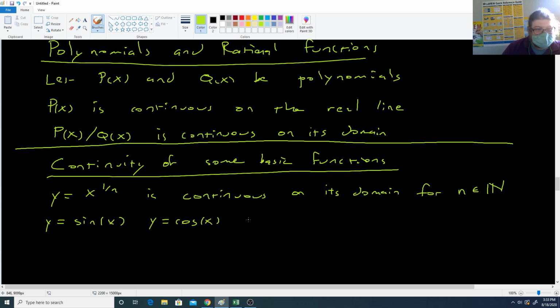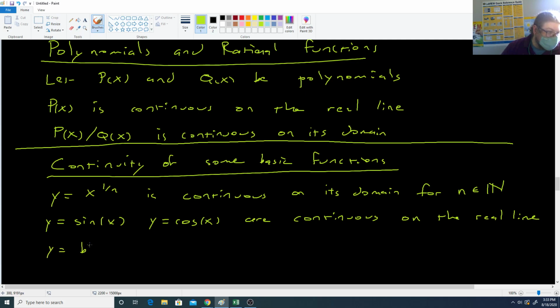These are continuous on the real number line. We could just say the real line, I guess. So it's continuous for all real numbers.